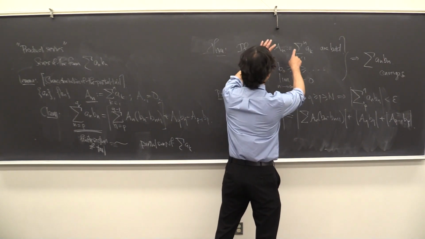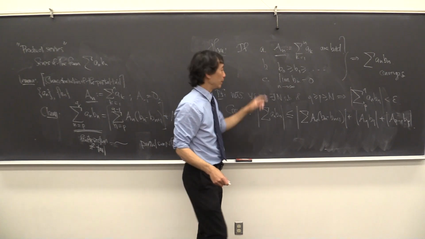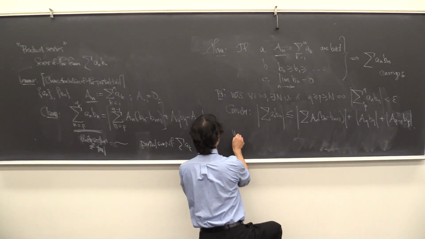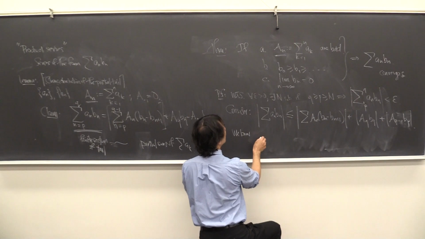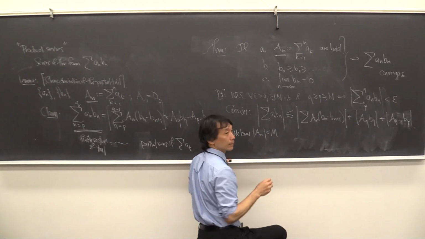So what are we going to use? Well, we can use that the partial sums are bounded. So we know that the a sub n's are all smaller than some m.